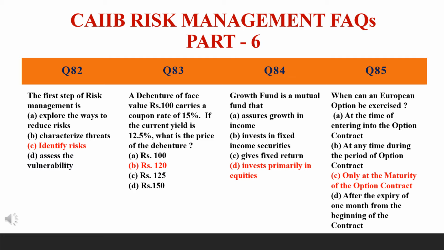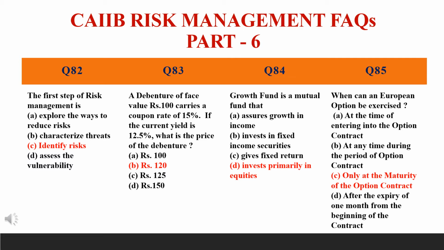So the current yield is given as 12.5%, which is stated in the question itself. Therefore, yield, 12.5%, is equal to 15, the income earned from investment, divided by the price of the bond. We need to find the price of the bond. So the price of the bond will be, cross multiplying, 15 into 100 divided by 12.5.